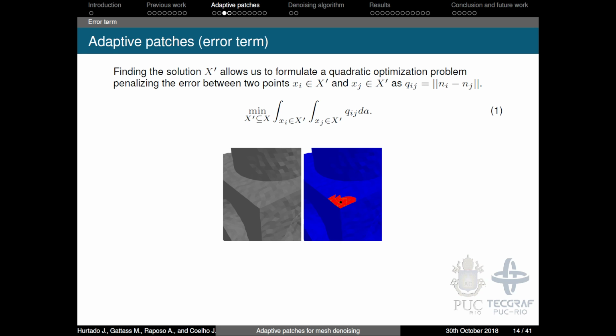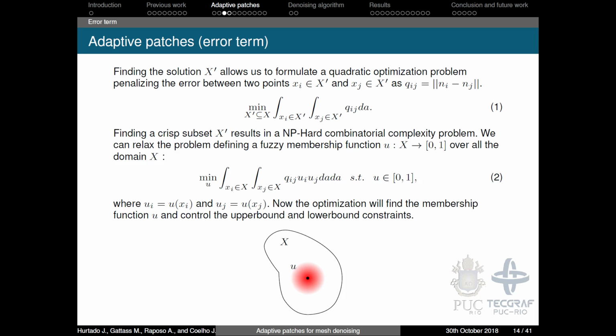This is an example where the red triangle represents the subset X prime. But the problem with this formulation is that finding a solution results in an NP-hard combinatorial complexity problem. To relax this problem, we propose to use a membership function such that this membership function defines the degree of inclusion of one point to the patch.